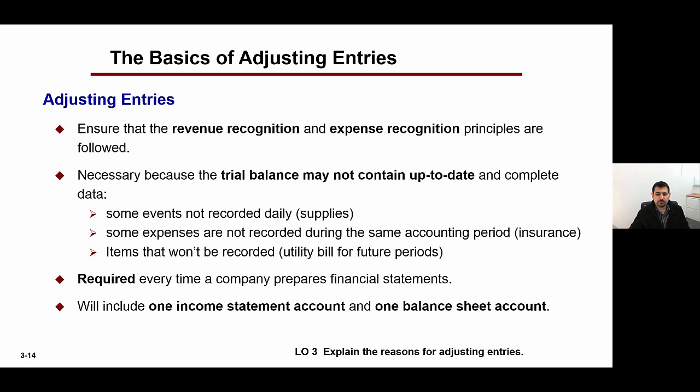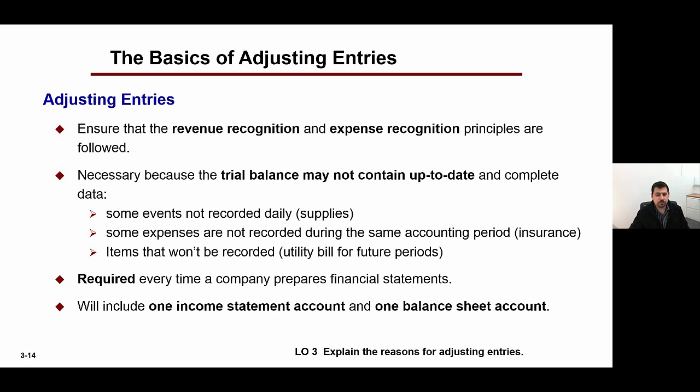We also have sometimes certain items that will not be recorded until later on, for example, when we receive a utility bill for the future or something like that. And this is why companies, right before they start preparing the financial statements, have to prepare those adjusting entries that would fix this information and would update the trial balance.